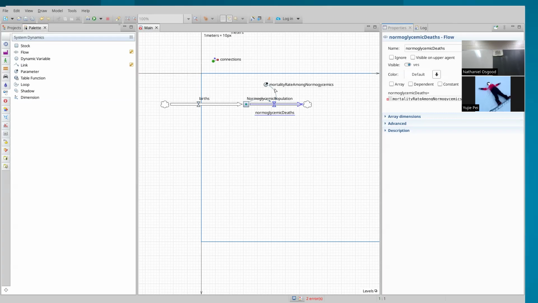People per year is the unit of this flow. To get it, we multiply a number of people times a probability, that's dimensionless, of unit dimension per year. So 1 over a year is the unit of this times number of people, you get people per year.